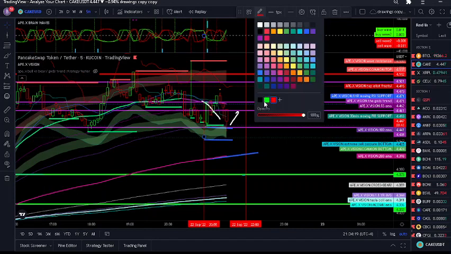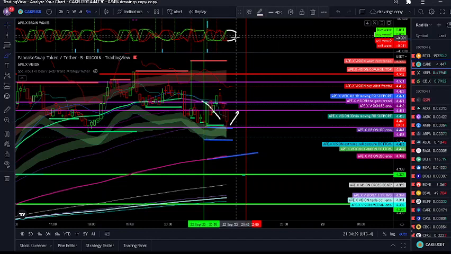You kind of see the lines curve like this before a call is made.